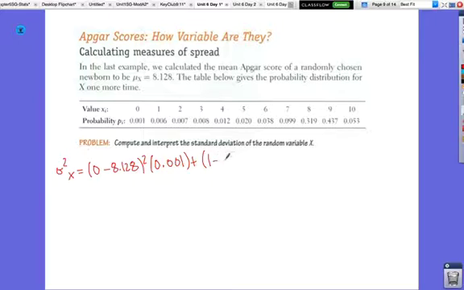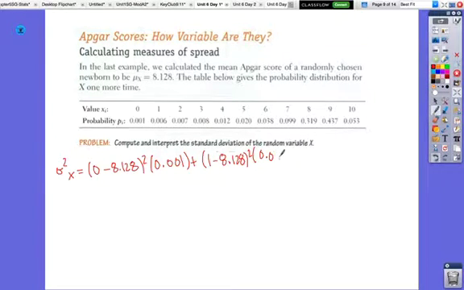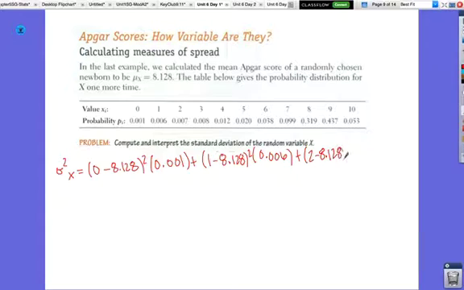So you'd say 1 minus 8.128 squared times 0.006 plus 2 minus 8.128 squared times 0.007. And you would continue with this same pattern until you got to 10 minus 8.128 squared times 0.053.